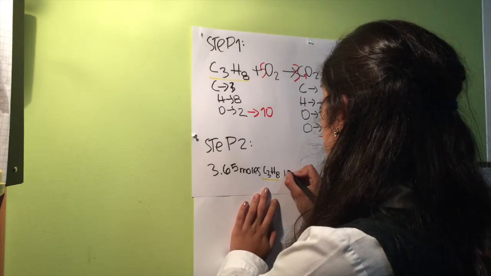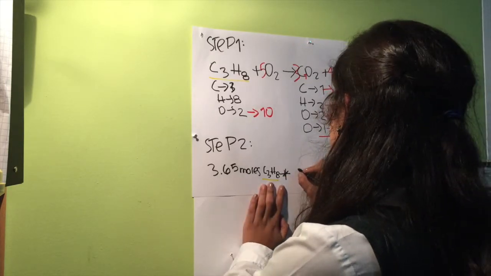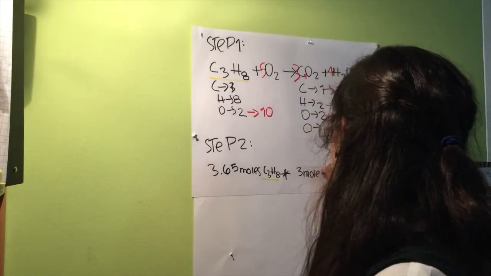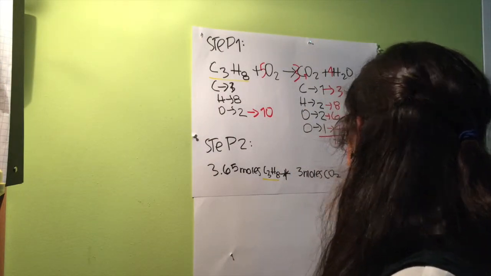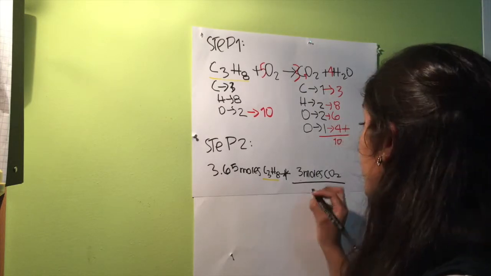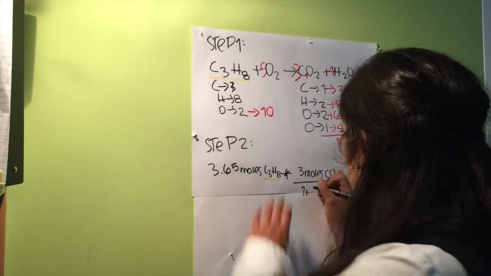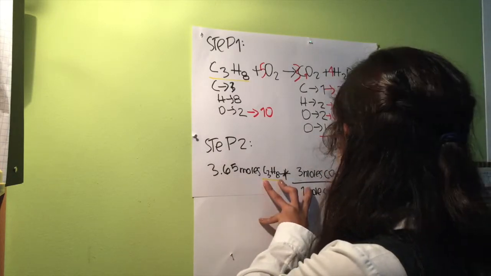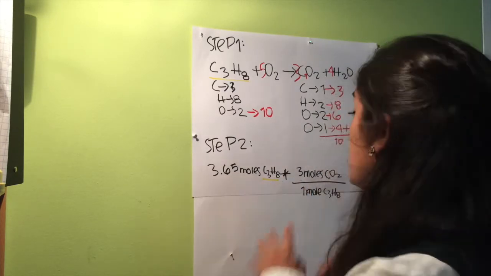You are going to multiply it by 3 moles of carbon dioxide, then you divide this by 1 mole of C3H8.